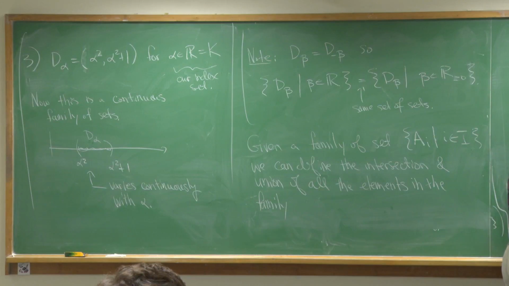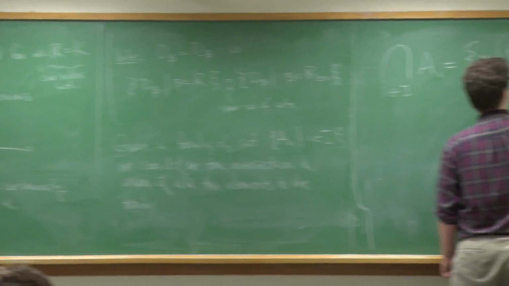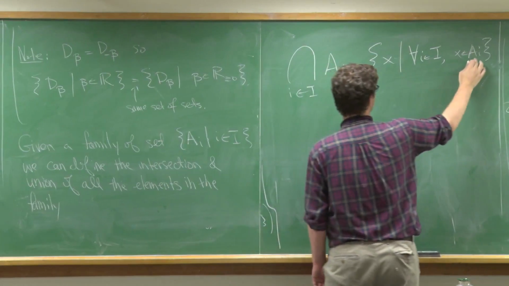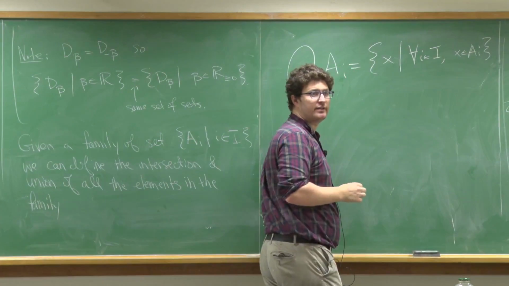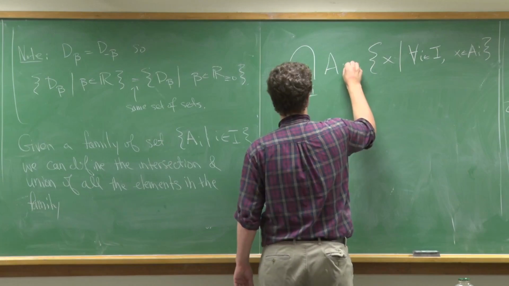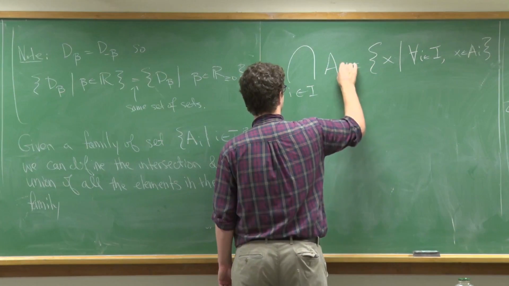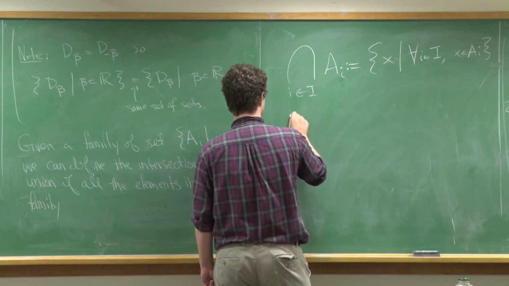But that's the right idea, right? So we use a big conjunction, and the big conjunction was the same thing as a for all quantifier. For all i in I, x is an element of A_i. Right? So this is saying that it's an element of every single A_i. Okay? That's how we define it. So this is the definition.